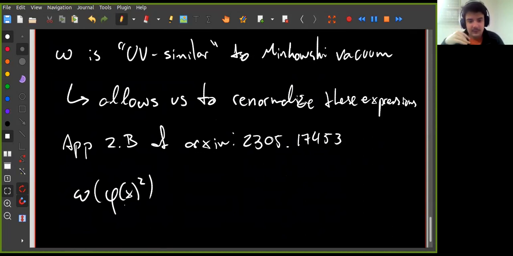But if I take any state, if I take a more wild state, I might not be able to get a finite result out of this expression. So Hadamard states are those states that are UV similar to Minkowski vacuum, and hence we can do this renormalization procedure. As a consequence, these are also the only physically meaningful states. So whatever state I'm working with, if it's not Hadamard, it's not really that relevant.